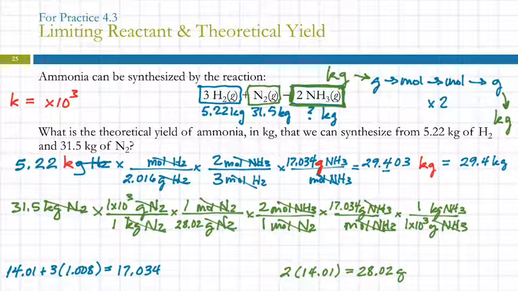And I'm going to get, this should also have 3 sig figs, 38.299. The unit there is kilograms, and when I round that, I get 38.3 kilograms. Everybody okay with that?